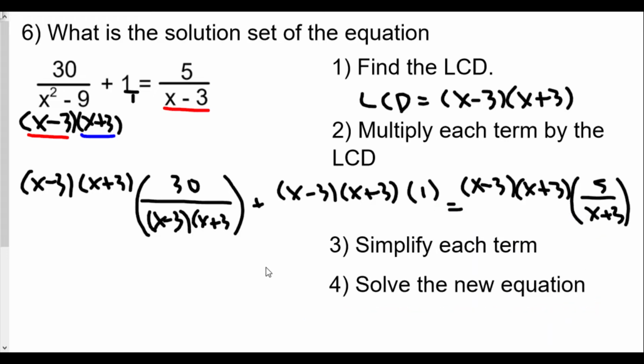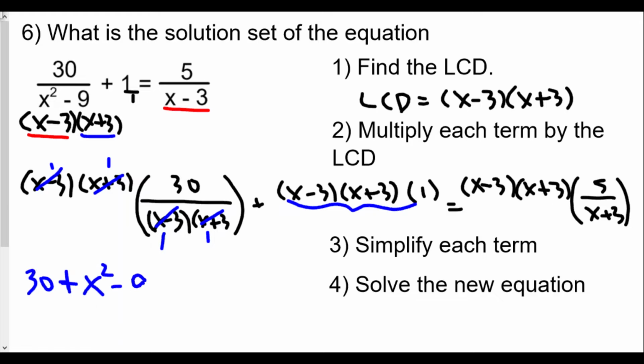Okay, so what simplifies out? You see here, for the first one, the x minus 3's divide out, x plus 3's divide out. We're left with just 30 here. Now, 1 times x plus 3 times x minus 3, that's x squared minus 9.